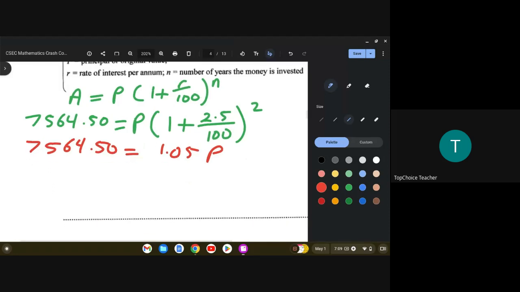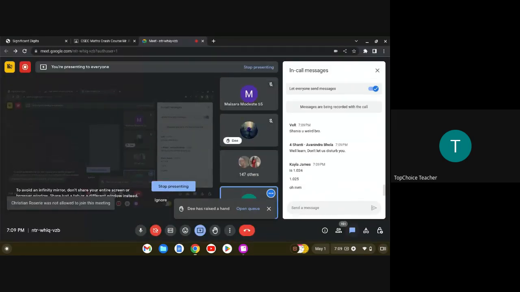We could divide both sides of the equation by the coefficient here. Remember we want to get P, but we have to get rid of the 1.05. So we will divide both sides by 1.05. This would cancel. We get P, and we just need to work this out, and it would be a number that needs to be approximated.